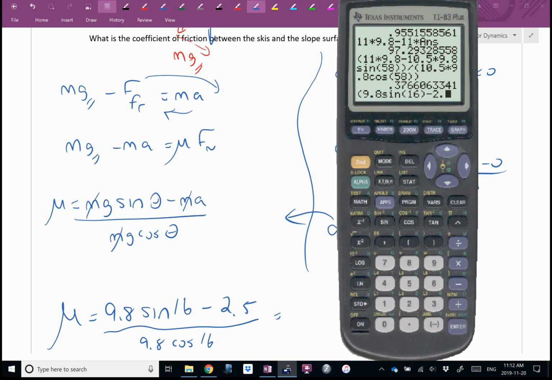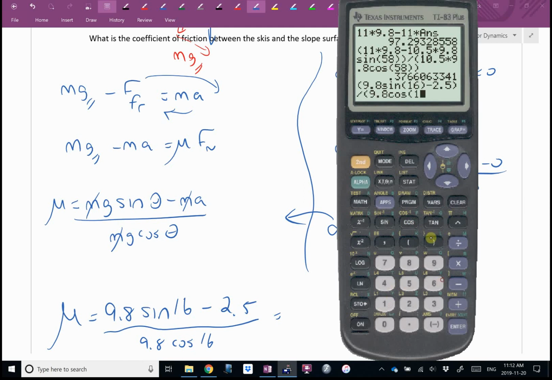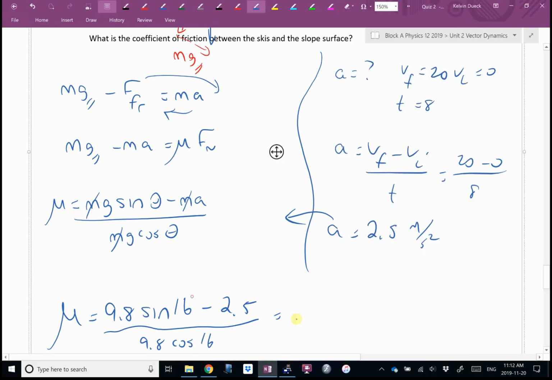Minus 2.5, divided by bracket 9.8 cos 16. You get a mu of 0.021, which seems small. Oh, wait a minute, are we skiing on snow? Should be small. So I wasn't creeped out by that after all. If I go to 3 sig figs, it would be 0.0214. Units: none. Okay.